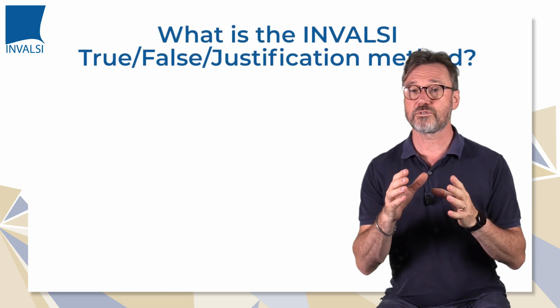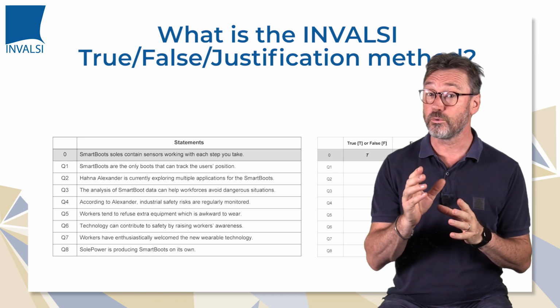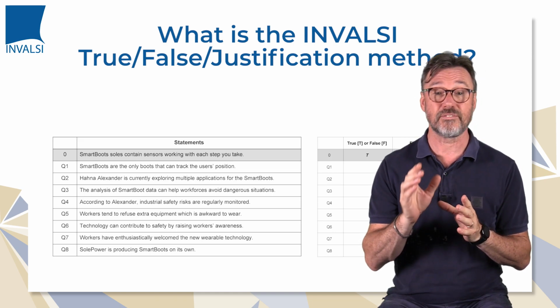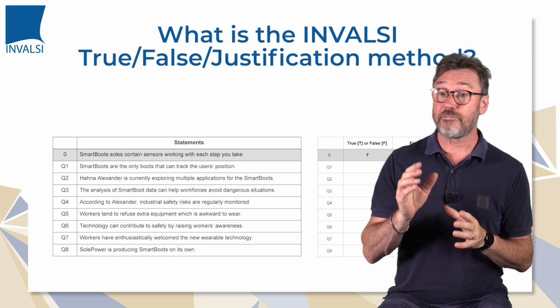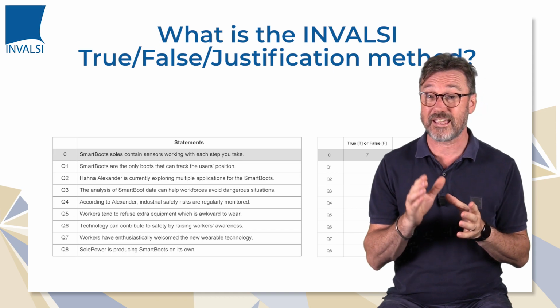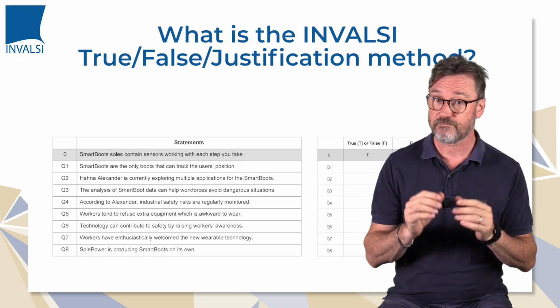The true-false justification method consists in selecting true if the statement in the item matches what is stated in the text. If the information in the item contradicts in some way what is stated in the text, students should select false.